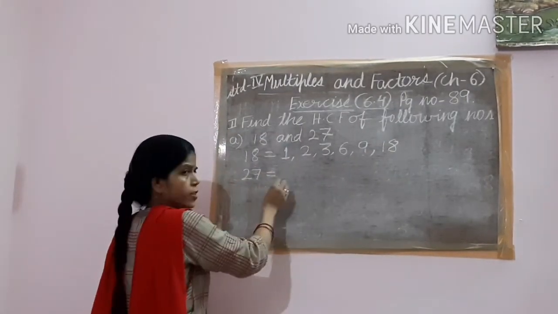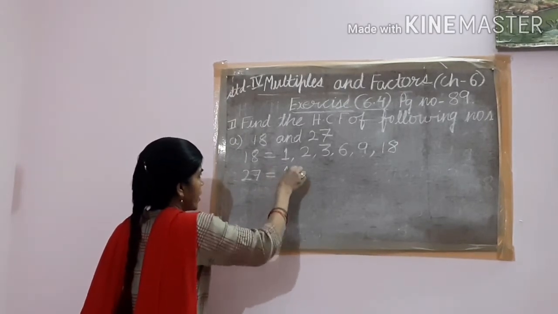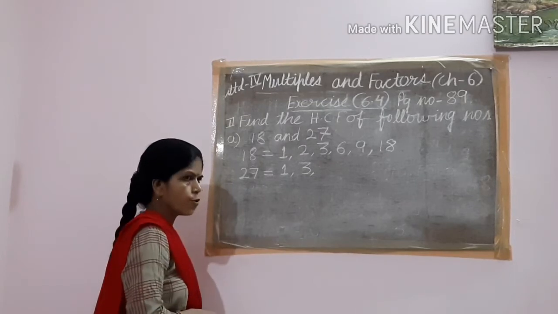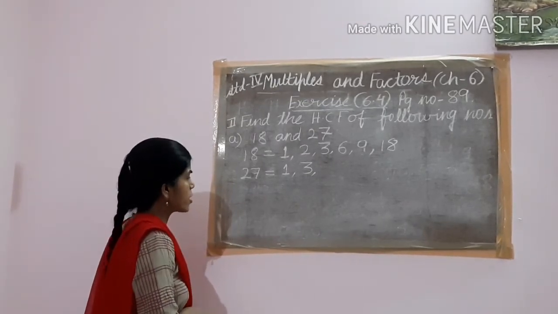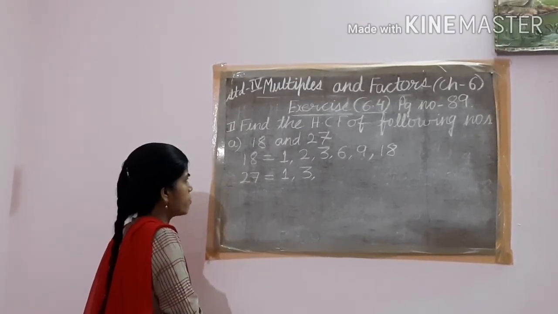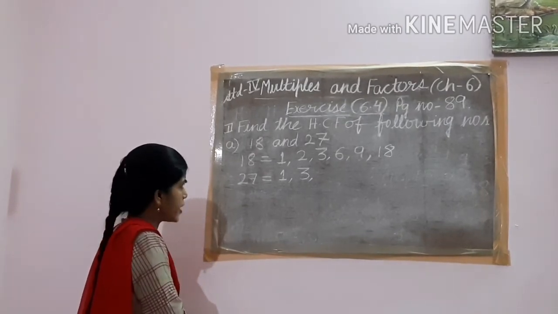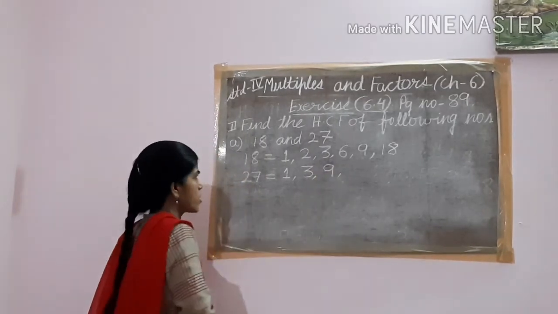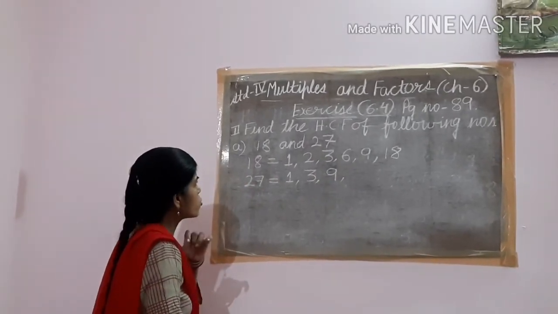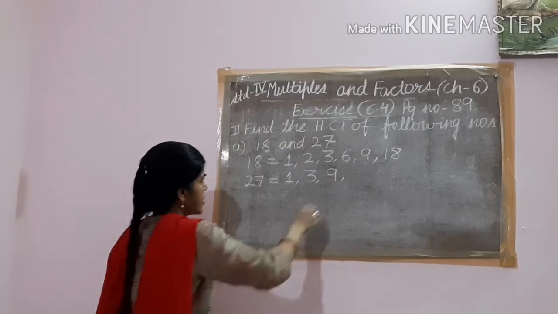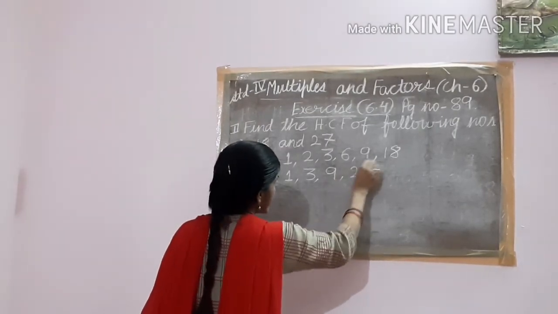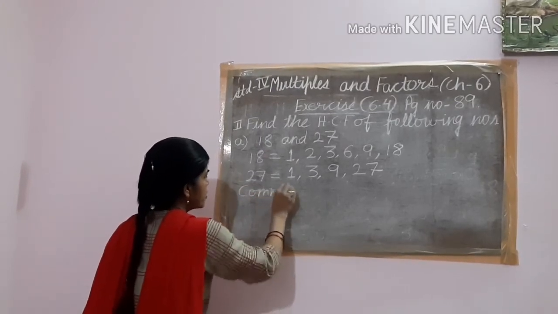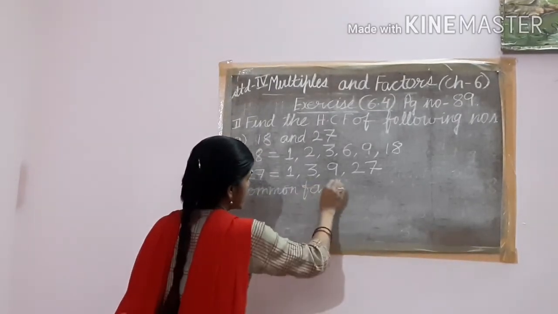Now factors of 27: 1, 2 not, 3 9s are 27, then 4, 5, 6, 7, 8 not coming, 9, 9 3s are 27, then 10, 11, 12, 13, 14, I think the last is 27. Now find out the common factors.